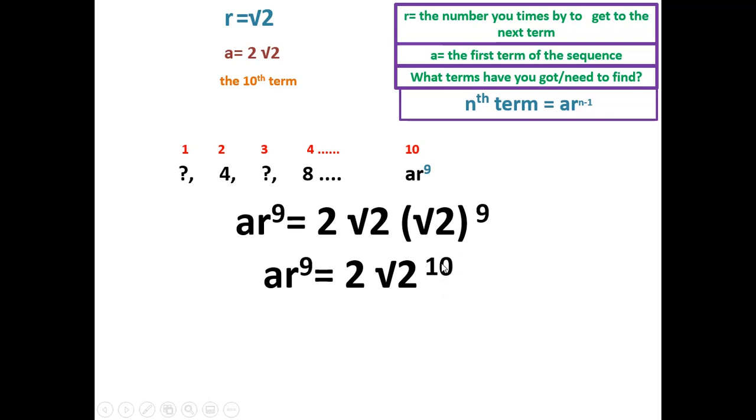To simplify, syempre, we cancel yung index. Di ba, ang square root means the index is 2. So, we cancel 10 divided by 2. So, magiging na yung 5 para makuha natin. Kasi 2 raised to the 10, if you're going to multiply, it will give you 2 raised to the 5th power.